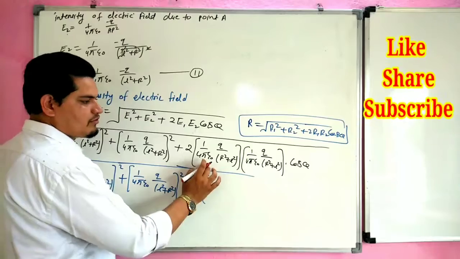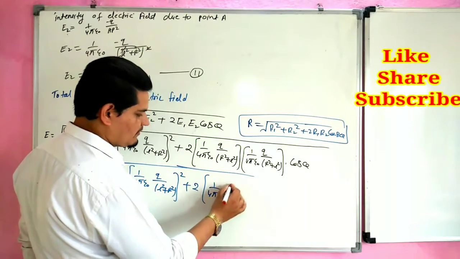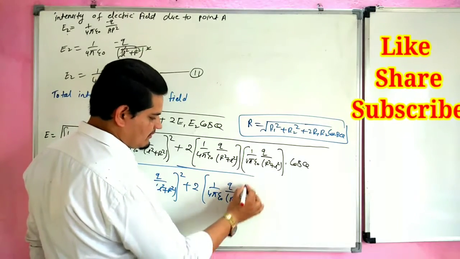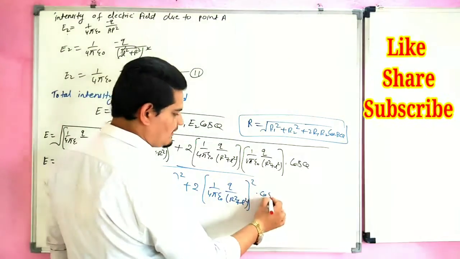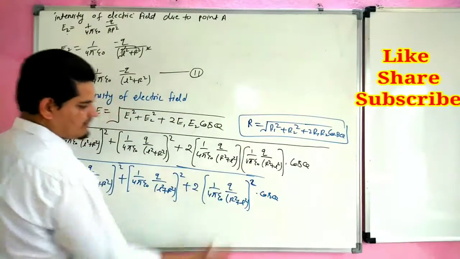This is the same, so we can multiply 1 upon 4 pi epsilon naught Q upon (R square plus L square) whole square and cos theta. This can be multiplied, so it becomes whole square.